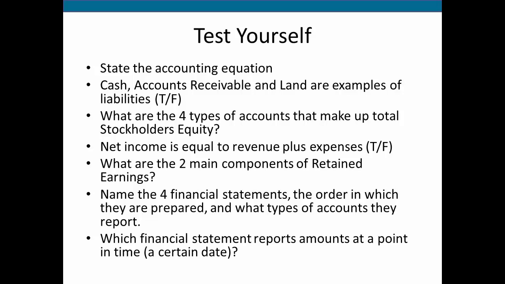What are the four types of accounts that make up total stockholders' equity? Net income is equal to revenues plus expenses, true or false? What are the two main components of retained earnings? Name the four financial statements, the order in which they are prepared, and what type of accounts they report. Which financial statement reports amounts at a particular point in time, a certain date?